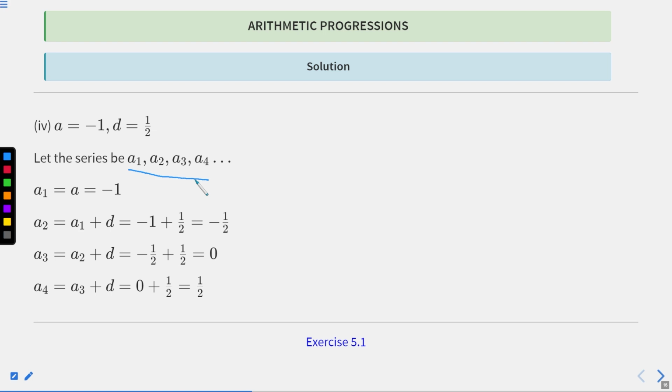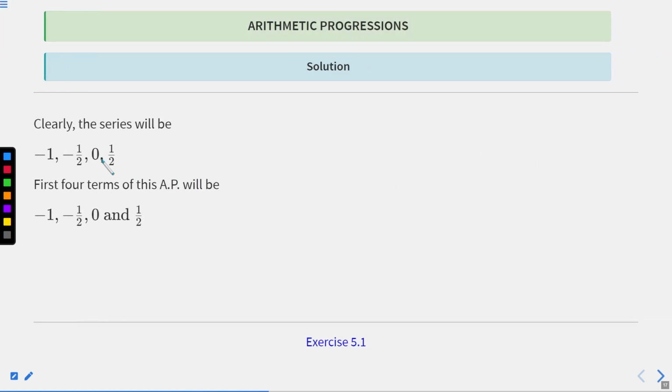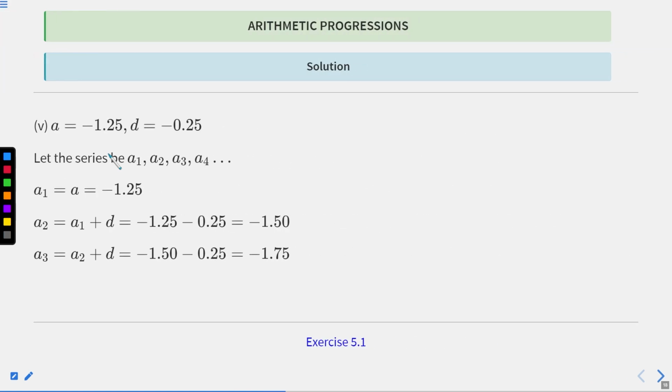So clearly the series will be -1, -1/2, 0, 1/2. So the first 4 terms of this AP will be -1, -1/2, 0, and 1/2. Now let us move to question number 5.